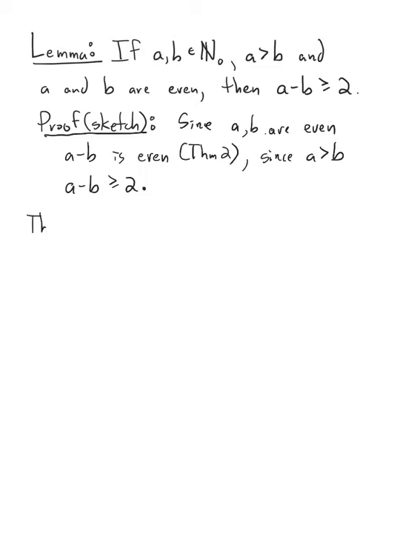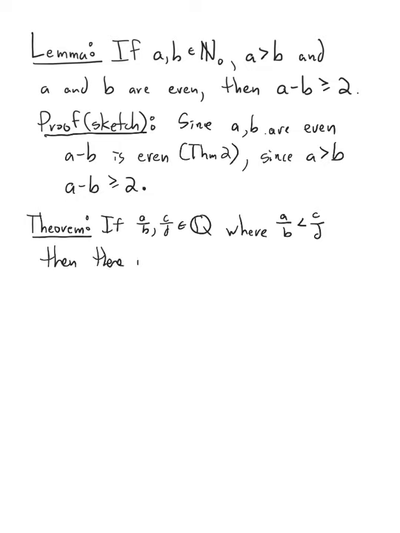This is going to be our theorem. So, if a over b and c over d are, of course, fractions, where, let's say, a over b is the smaller fraction, then there is a fraction e over f such that it's in between.